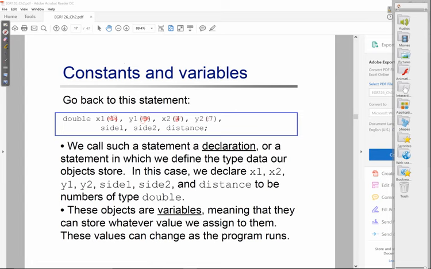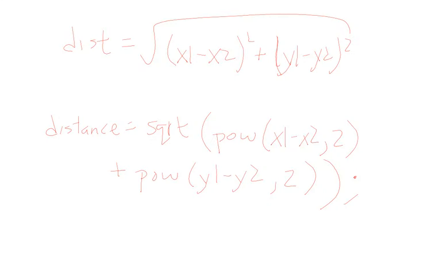And then right after that command, I could have set the values for x1, y1, x2, and y2, right? And the way I would have done that is I would have said x1 equals 1, semicolon, right? y1 equals 5, semicolon, and so on.